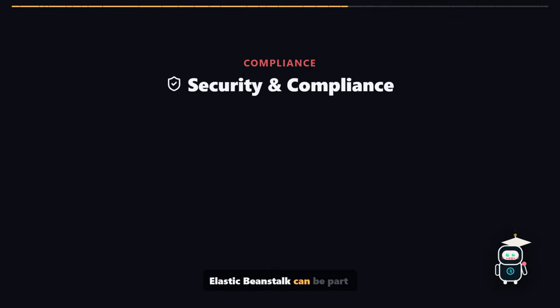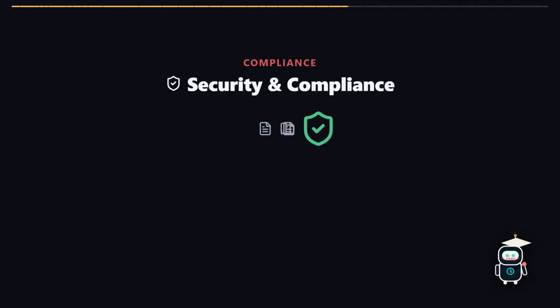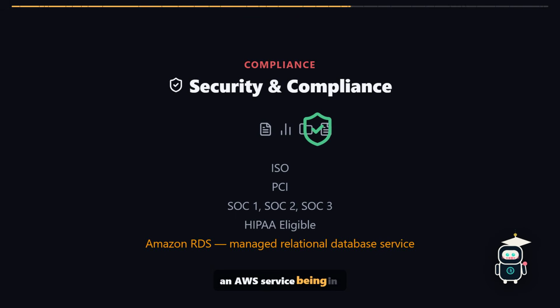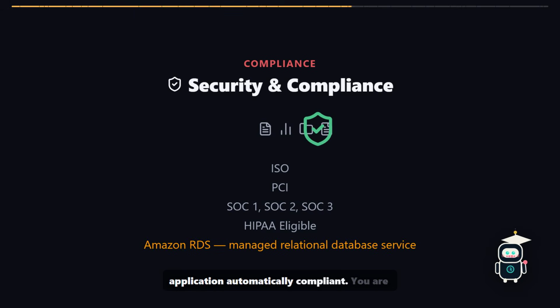Elastic Beanstalk can be part of an architecture that meets regulatory and compliance requirements, and AWS assesses the service under multiple AWS compliance programs. But an AWS service being in scope does not make your application automatically compliant.